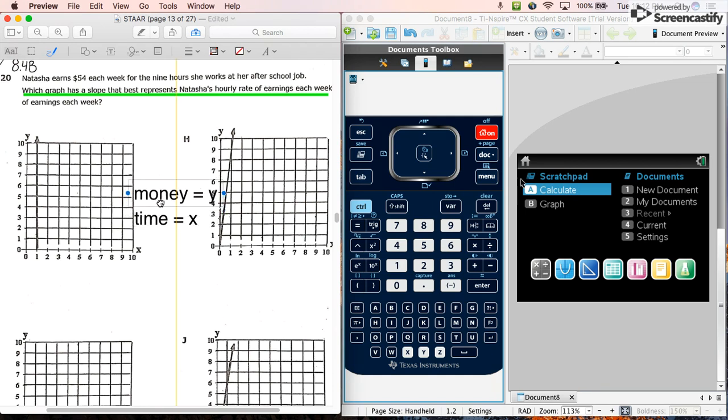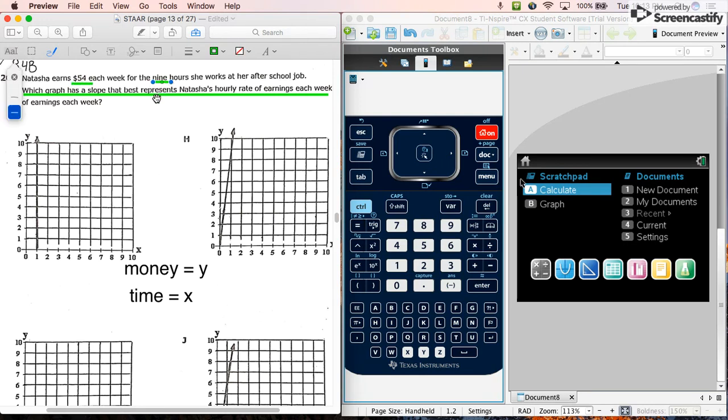Now, in order to find the slope, I simply need to put Y over X. That means I'm going to take $54 and put it over 9 to see how much she makes each hour. From there, I'll be able to write my slope.